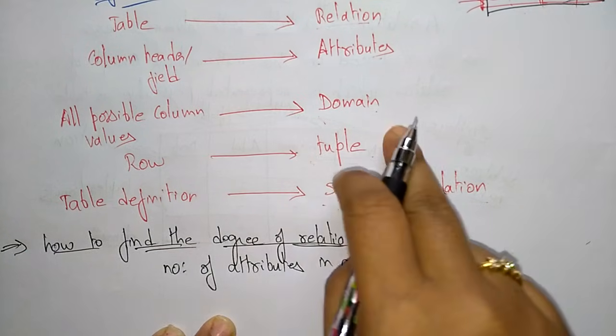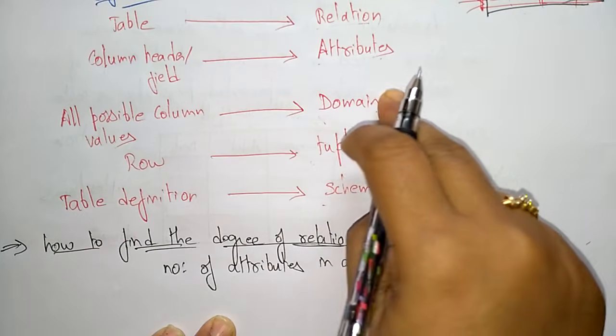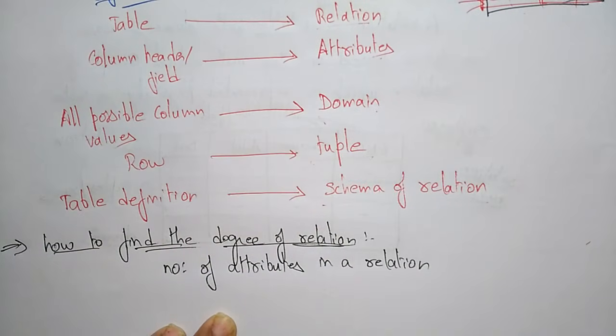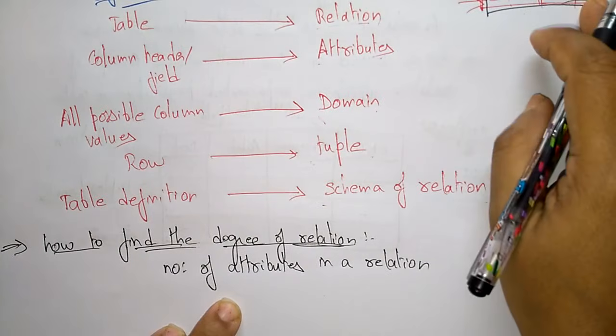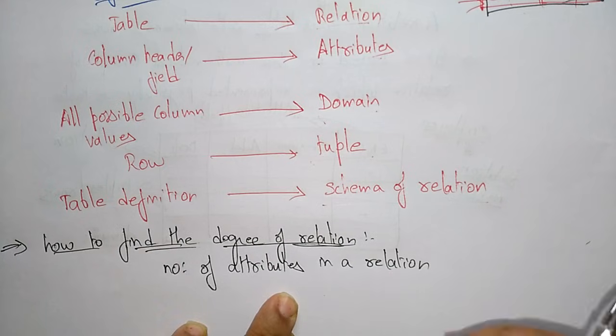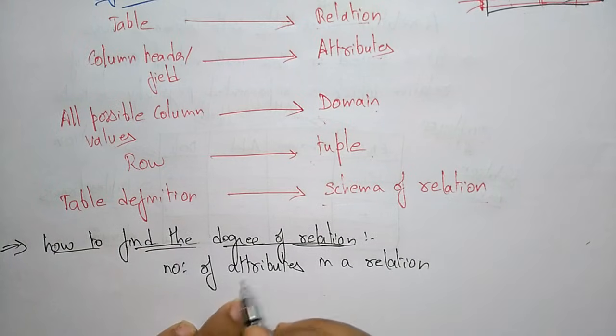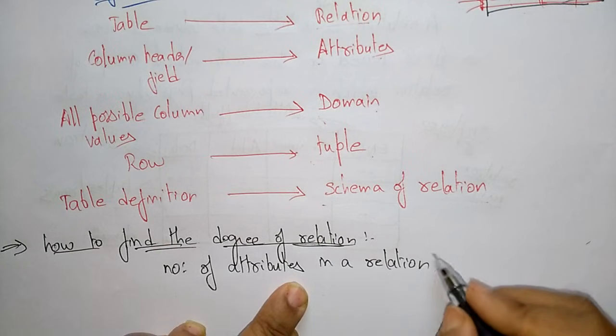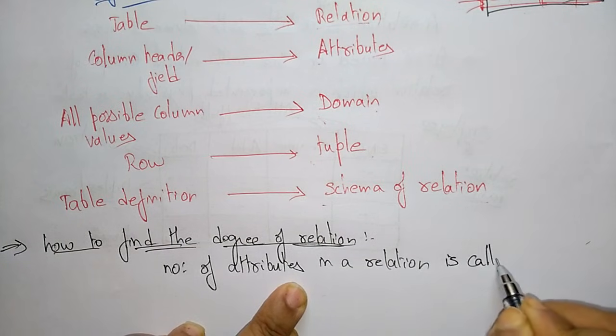Attributes are nothing but the column headers or the fields, and another name for relation is a table. So instead of table, I'm just writing relation. The number of attributes in a relation is called degree.